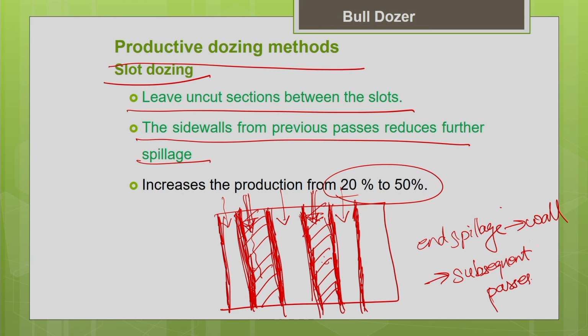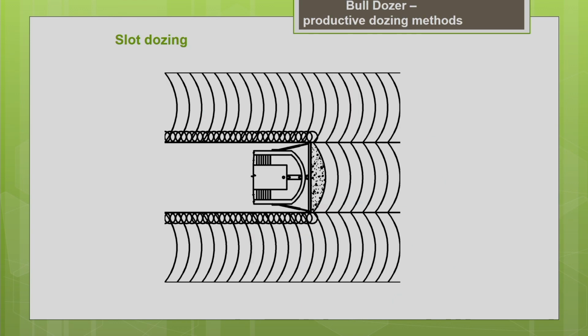This is one method which is commonly followed to reduce the end spillage and increase the productivity of the bulldozer. Now, let us see; this picture also indicates slot dozing. You can see that when the bulldozer is moving through this particular cut, the end spillage is formed at both ends of the blade.